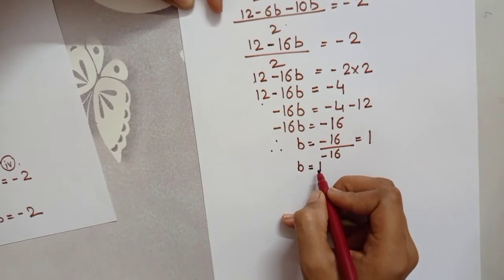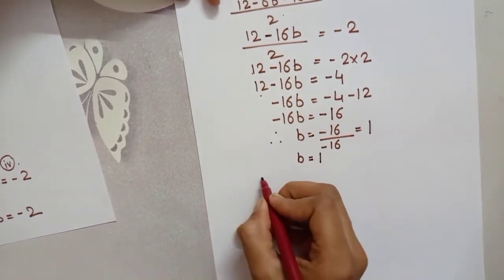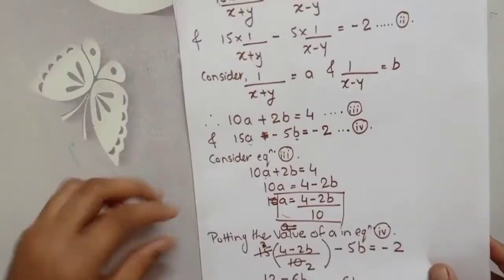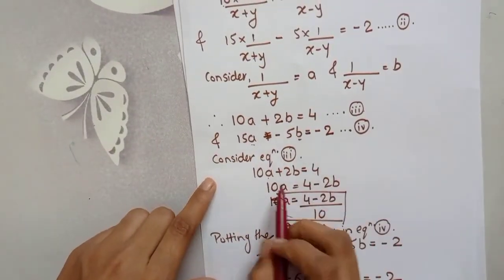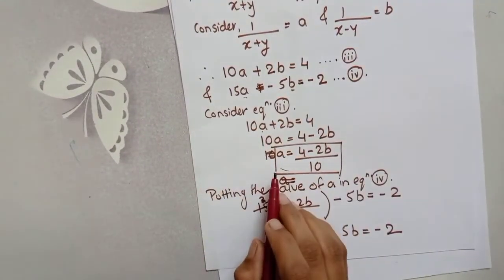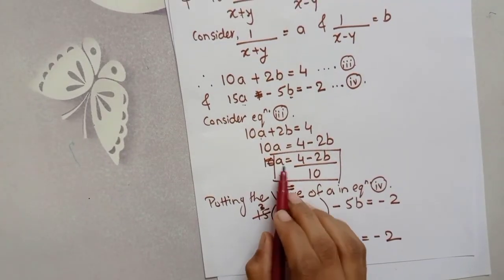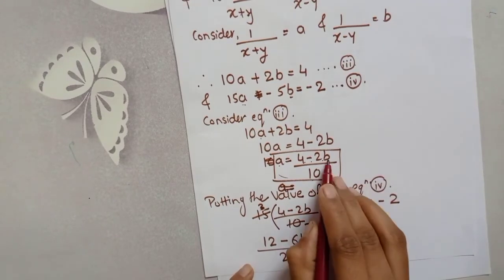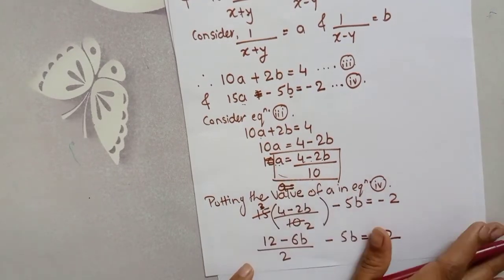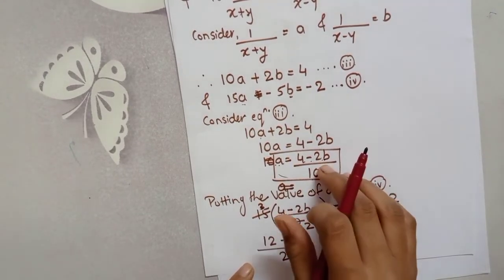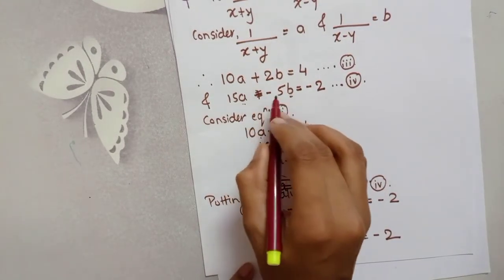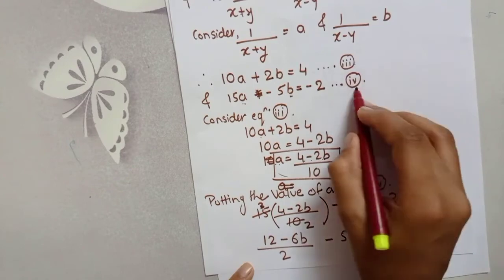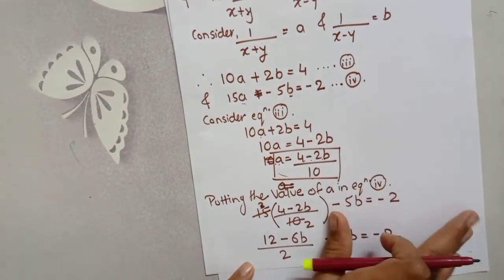Now, for finding the value of a, we know the equation a is equal to 4 minus 2b by 10. Here by putting the value of b we can find the value of a, or we can put the value of b in either the third or the fourth equation.